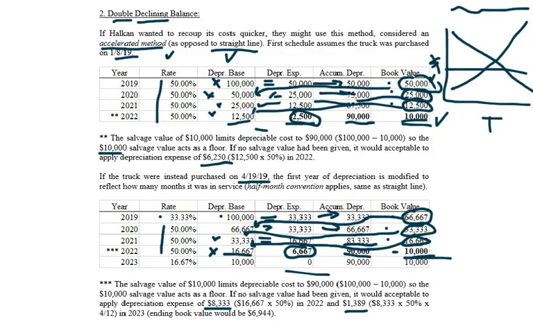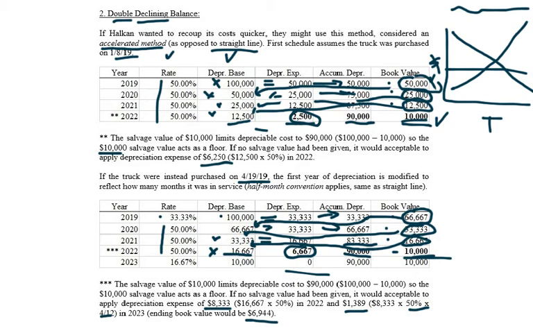Wonderful. Right, so it's just a function of taking the 8,333, 50% times 4/12, which would render an ending book value of 6,944. So as promised, you're not going to get nothing there, right? It's impossible. There'll always be something left over.